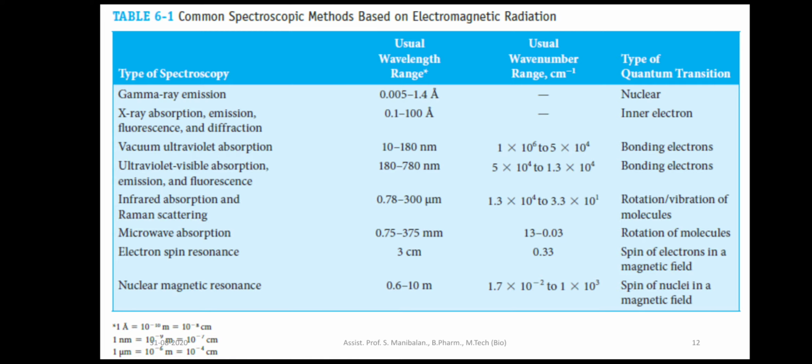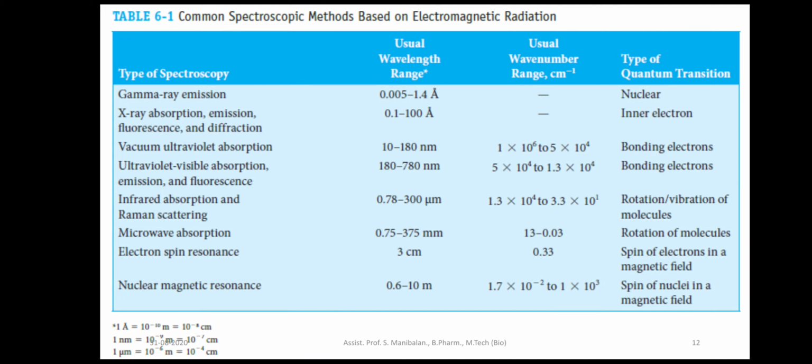Then X-ray absorption, emission, fluorescence and diffraction spectroscopies involve the inner electrons. This also happens in absorption. It goes and affects the inner electrons, which means those nearby the protons or nucleus, right?